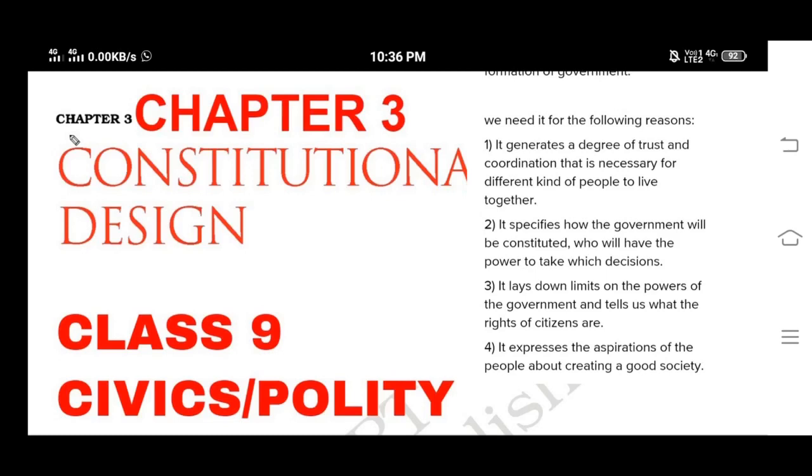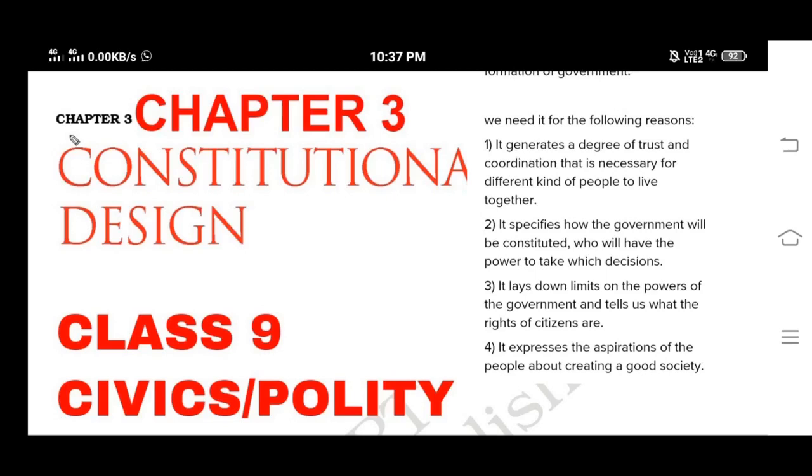When there is a constitution, it limits the powers of the government. That means no one can use unlimited, unrestricted powers. And second thing, it tells us what the rights of citizens are. It means that it also highlights the rights and duties of citizens.